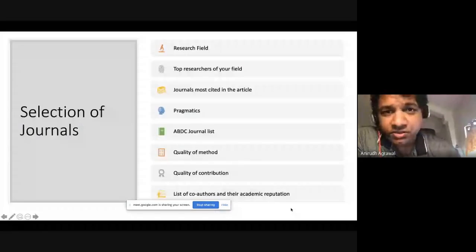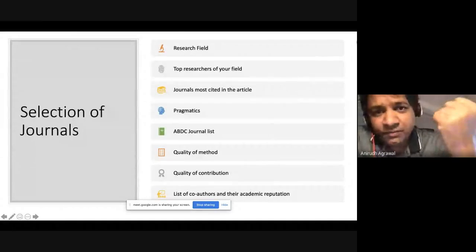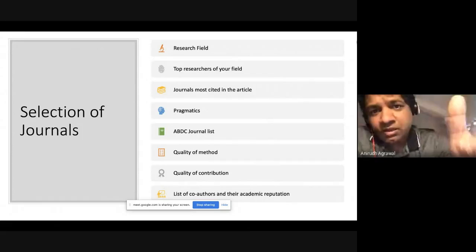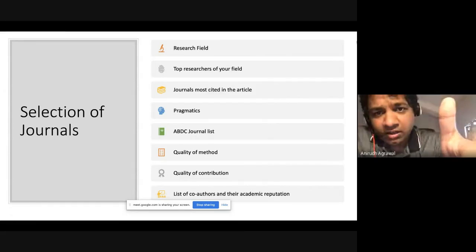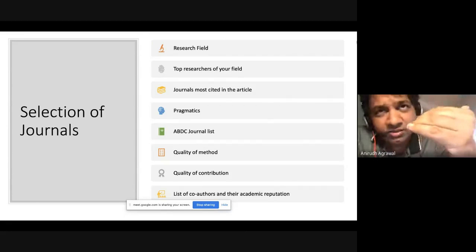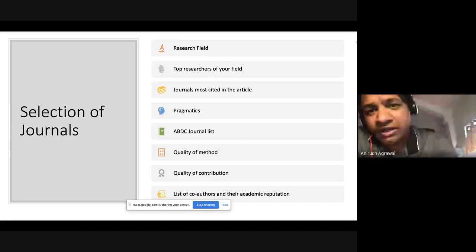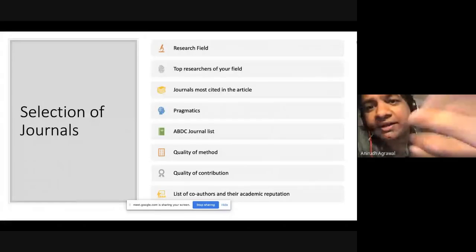So, selection of journals. First you need to know your research field. You need to know the top researchers of your field. You need to read the articles of your field, what articles are written in your field, and what journals are being cited in those articles.